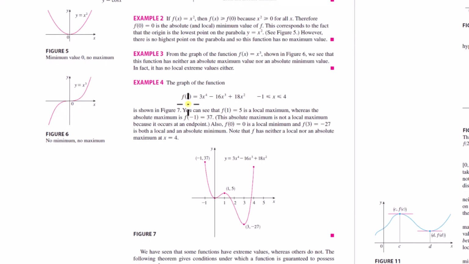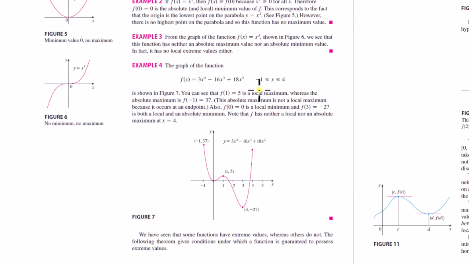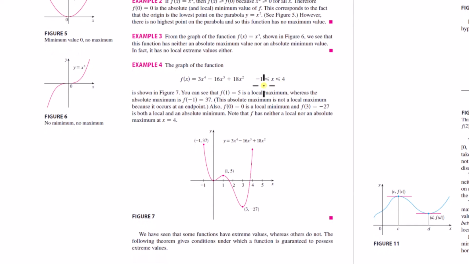Okay, then they give this function here, but they specify a domain, and this is the closed interval -1 to 4. So this would be the global max. This would be the global min, which is also a local min. How is it also a local min?